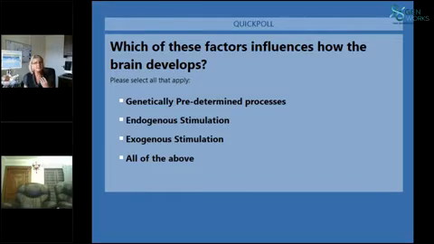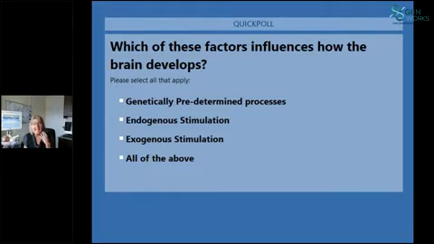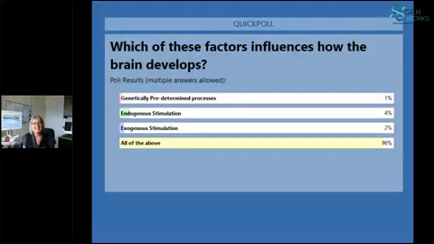Is it the endogenous stimulation? Is it the exogenous stimulation? Or is it all of the above? What do you think influences how the brain develops? So let's see what people have voted for. So I'll share the results.